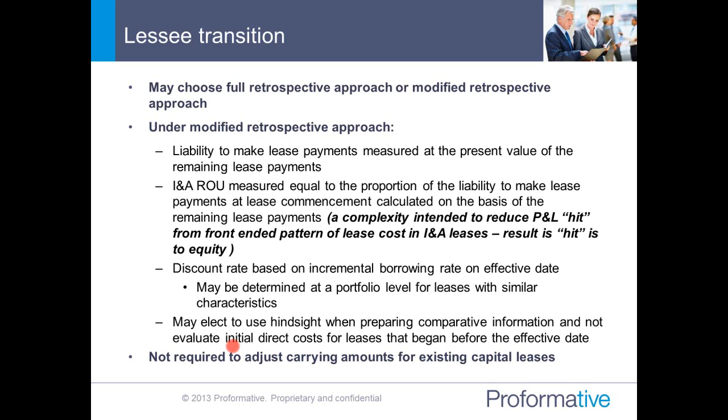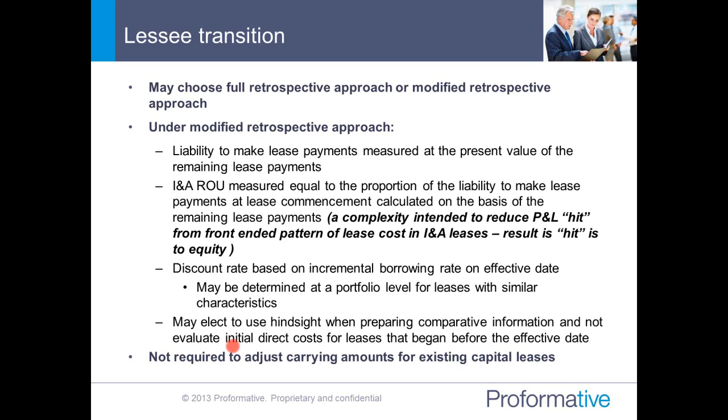And the I&A leases, which have a front-ended lease pattern, in order to mitigate the impact or the hit to P&L in recording all existing leases as though they were new leases with a front-ended cost pattern, they allow you to make an adjustment to the ROU asset.